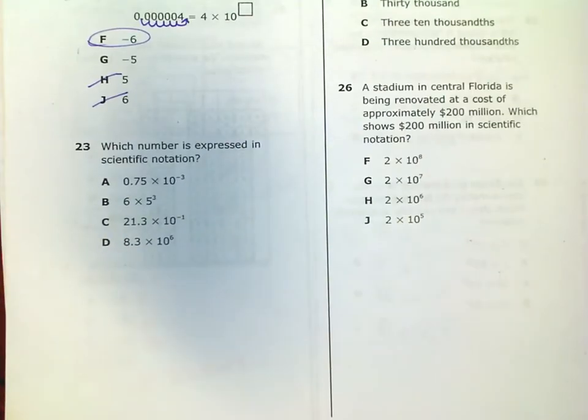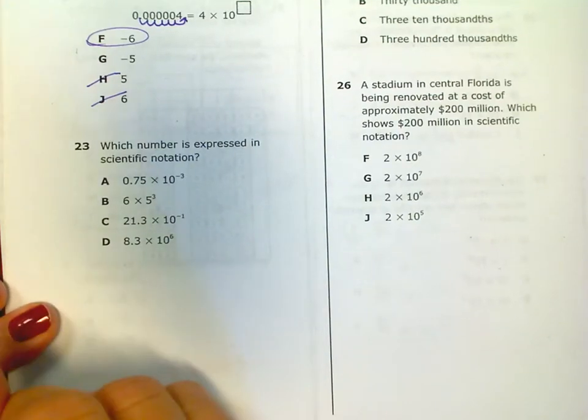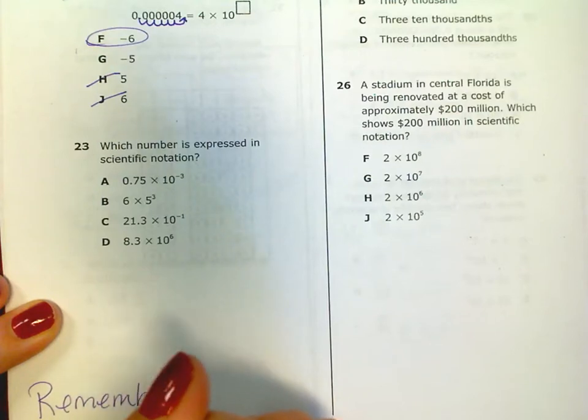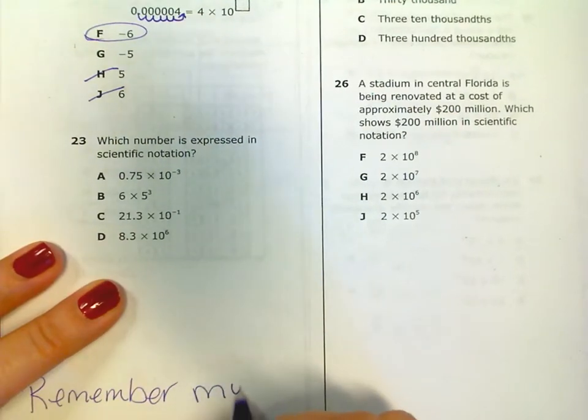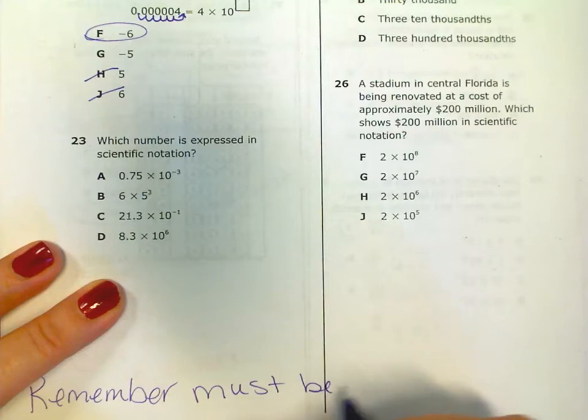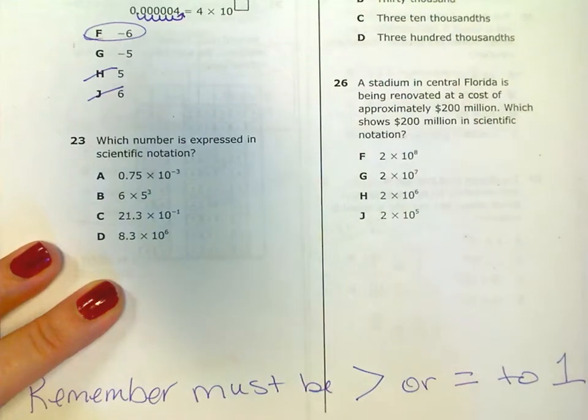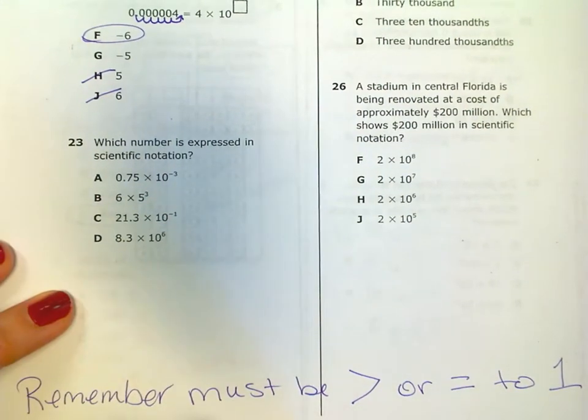23. Which number is expressed in scientific notation? Remember, the number must be greater than or equal to 1, but less than 10.